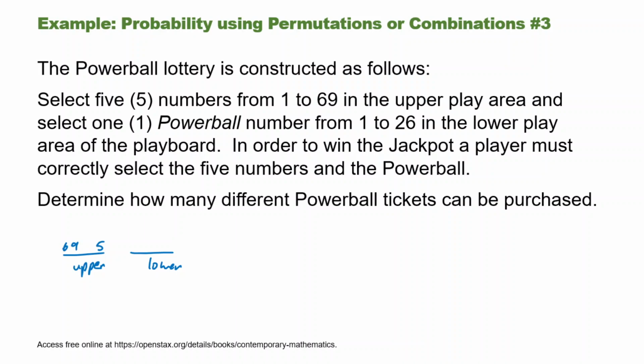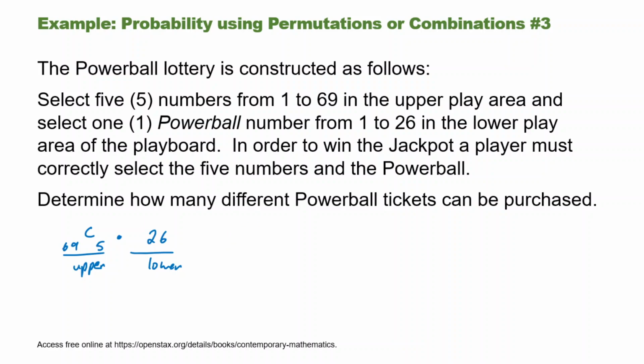It doesn't say in what order, so I'm going to use 69C5 for my upper play area. And then for the lower play area, you're only choosing 1. So actually we don't need a permutation or a combination at all. For the lower area, there are only 26 options. And we'll use our fundamental rule of counting to multiply 69C5 times 26.